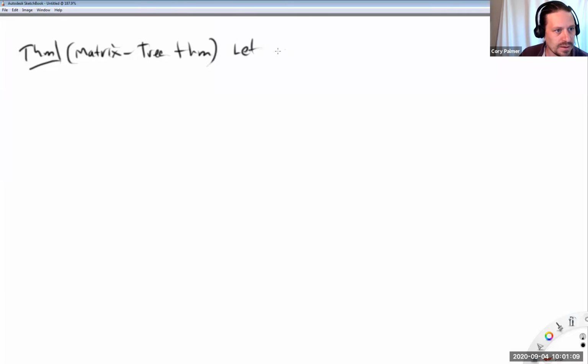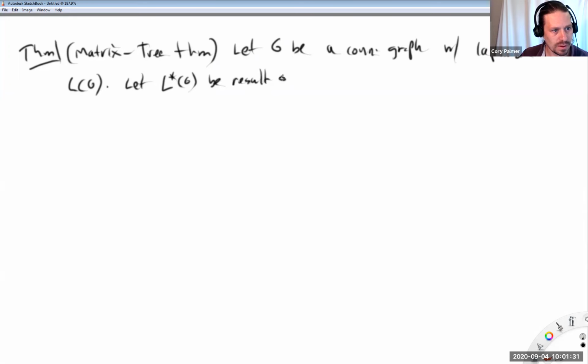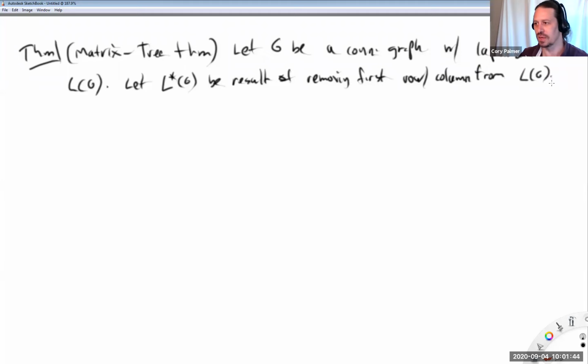Okay, so let G be a connected graph with Laplacian matrix L of G. Let L star of G be the result of removing the first row and column from L of G. Okay, so you have your Laplacian, just delete the first row and column from it to get this special L star of G.